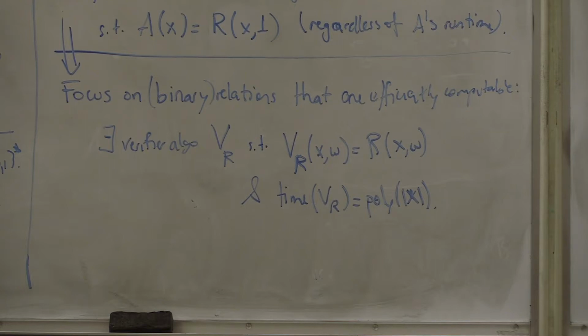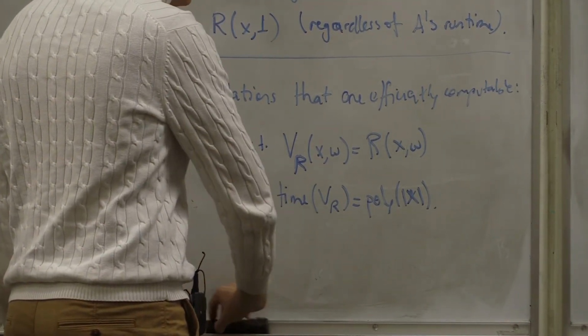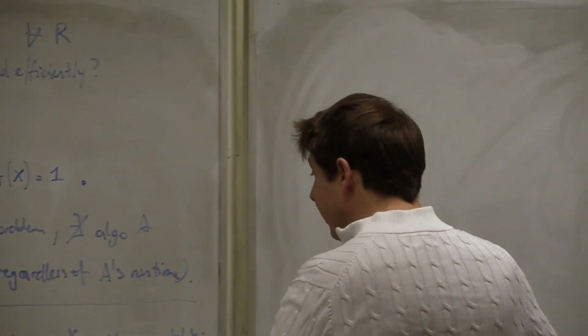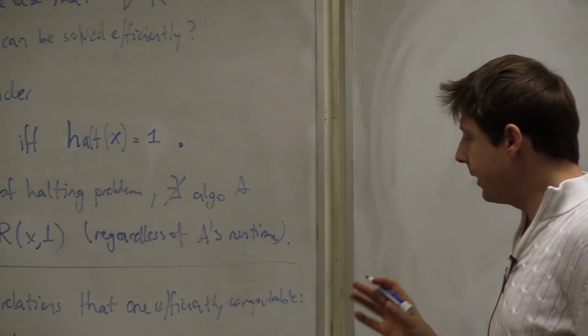All right, so now this gives us some structure to work with, so that we have focused ourselves on computational problems that are, let's say, reasonable. And we can immediately make some observation. We want to understand for a general R, how hard is it?